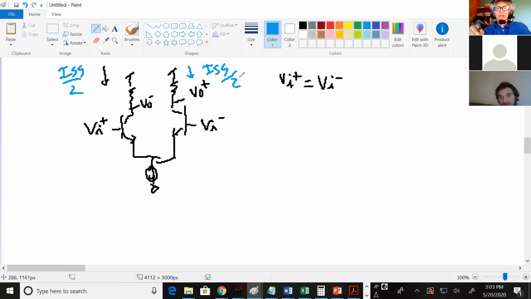Now, again, just like with the common emitter, you can set these to a DC voltage, just setting it to something randomly, and then you move the supply. Do you remember the equation for V out plus? Call this VCC.